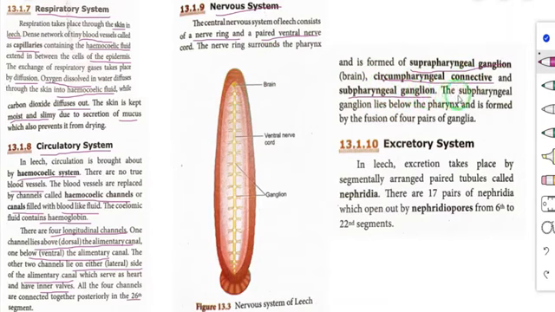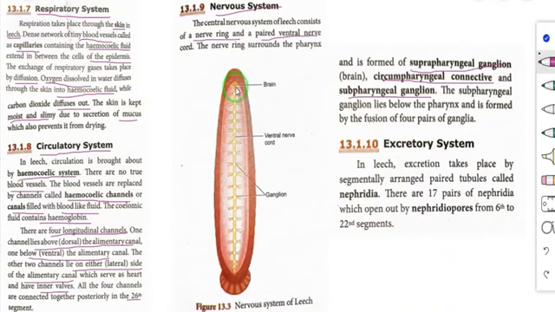The subpharyngeal ganglion lies below the pharynx, nearly in the 5th segment, and is formed by the fusion of 4 pairs of ganglia. Singular is ganglion, plural is ganglia.